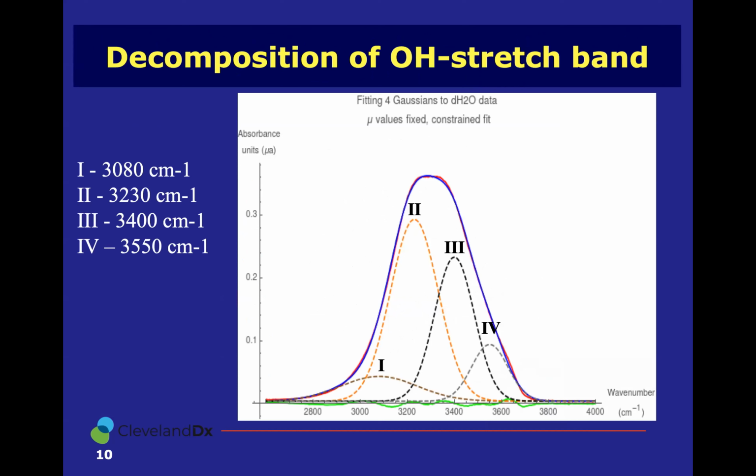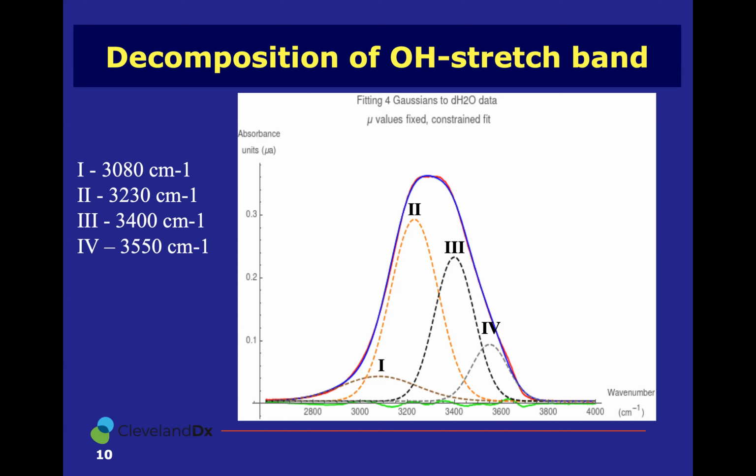Then, of course, the pretty obvious question became, okay, but where are these solvent properties coming from? Where do they originate? What we looked at, and it was already described in the literature, was a way of studying hydrogen bond arrangement in aqueous solutions by looking at the OH-stretch band by so-called ATR-FTIR, attenuated total reflection Fourier transform infrared spectroscopy.